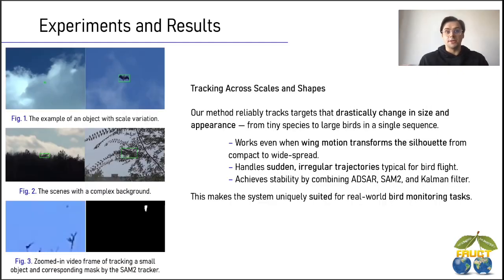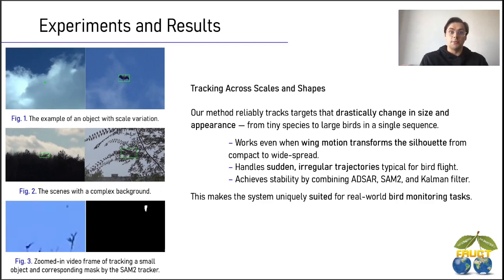In these experiments, the bird often changes its size dramatically, from just a few pixels up to hundreds, and sometimes merges with the background. Our method successfully tracks these transformations, maintaining a stable trajectory even when the bird changes shape from compact to widespread wings.